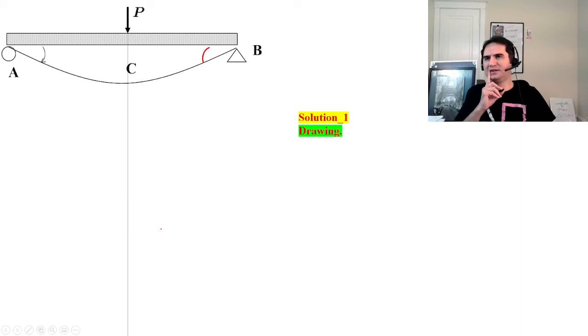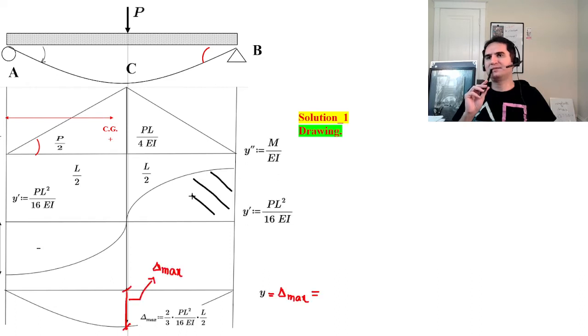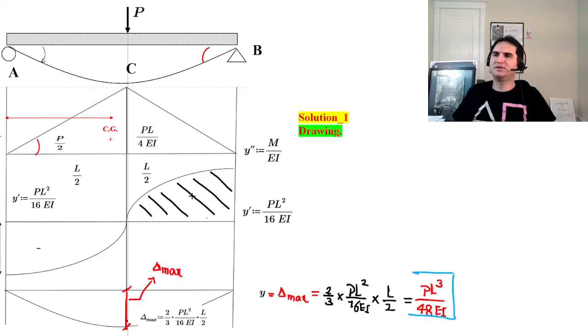So if you do the calculation, it gives you delta max, and just the area under any of them, because both of them are identical to each other. So delta max is just the area of any of these two parts. Forget about negative or positive, just the numeric value of that.